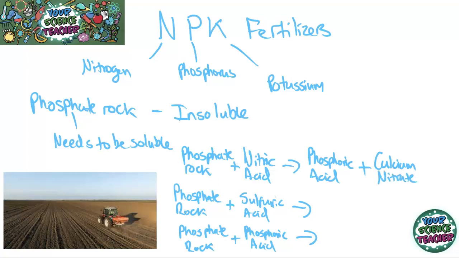Phosphate rock and sulfuric acid make single superphosphate. And phosphate rock plus phosphoric acid makes triple superphosphate. And you just need to remember these and remember how to turn phosphate rock from insoluble to something soluble by doing either one of these three reactions.